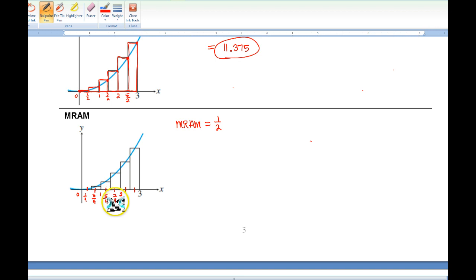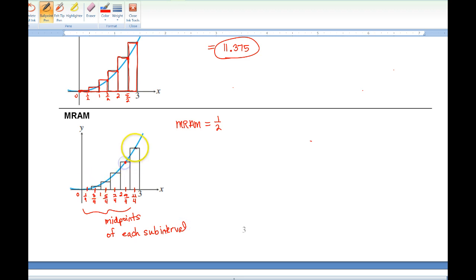And then this is 7/4. This is 9/4, and this is 11/4. So those are all the midpoints of each subinterval. They are going to determine the height of the rectangles that we see here.